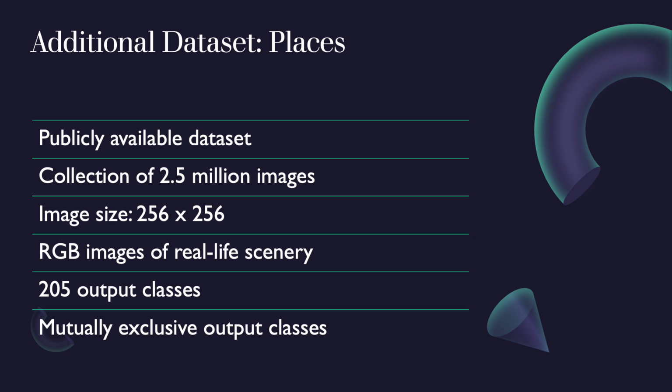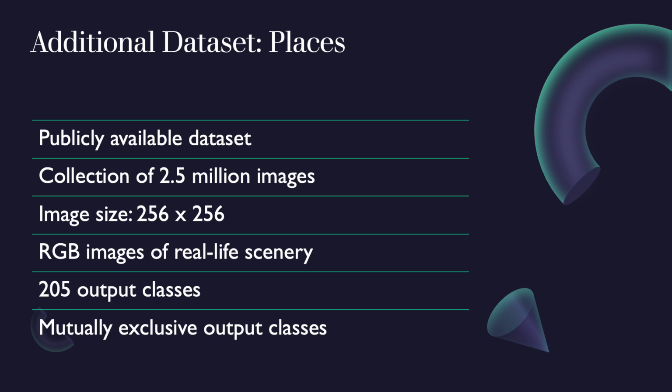And if we look at the features of this particular dataset, it's also publicly available. It's a collection of 2.5 million images, which is comparatively a lot larger than MNIST and CIFAR10 datasets. Even the image size is 256 by 256 by default, compared to MNIST and CIFAR10, which is 32 by 32 by default.